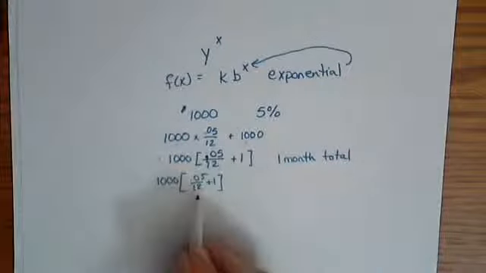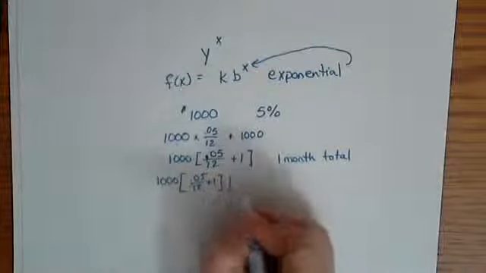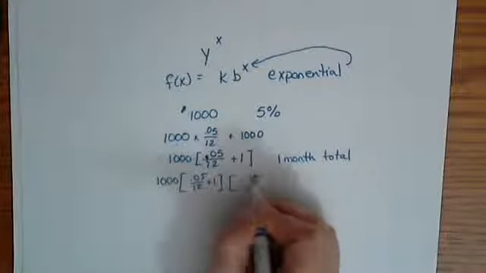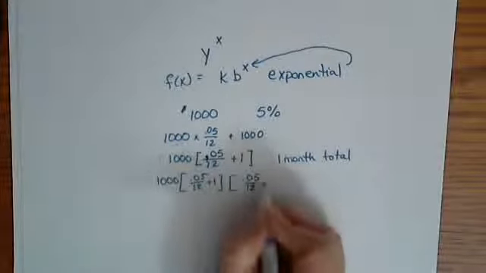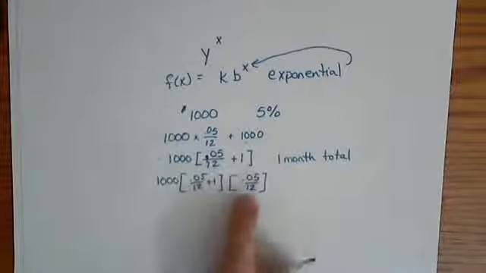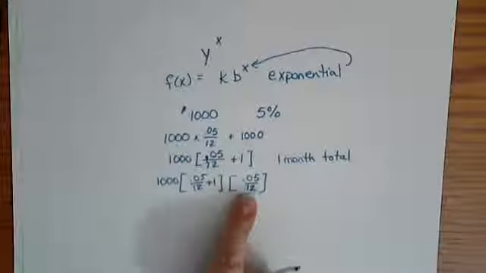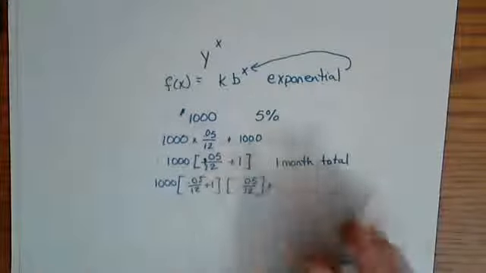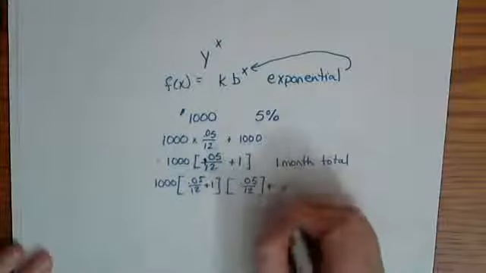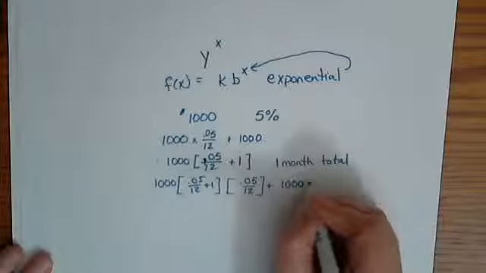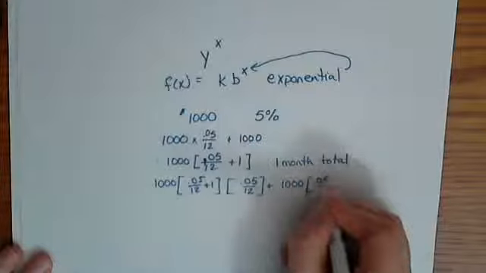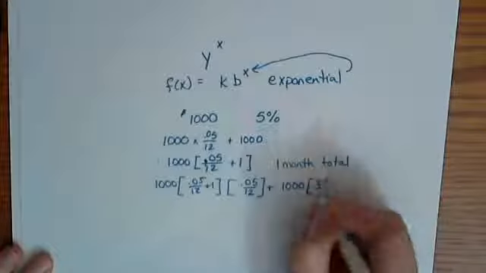That's how much I have after 1 month. And now I'm multiplying again times the 0.05 over 12, which would again be the amount of interest that I have. So I'd have to add to that the amount of money that I had when the month started, which is this amount up here in that line.